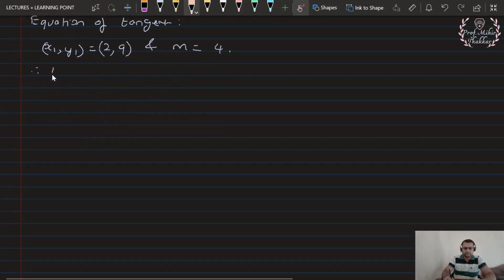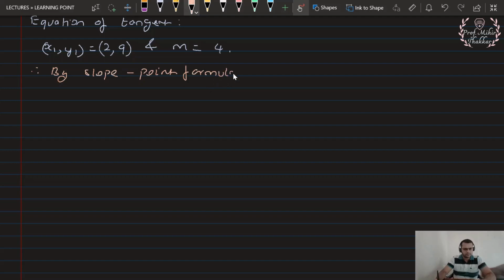Therefore by slope point formula, y minus y1 is equal to m into x minus x1.